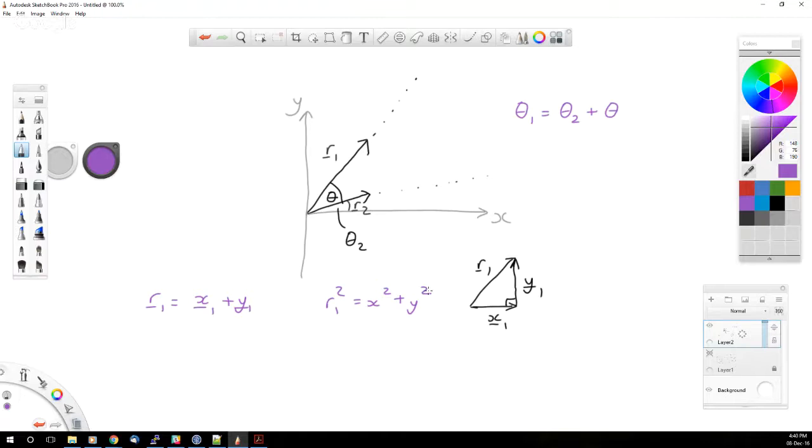And if I then do this in terms of angle theta 1, you can say that the magnitude of x1 is the magnitude of R1 times cos theta 1, and similarly y1 equals R1 sine theta 1.